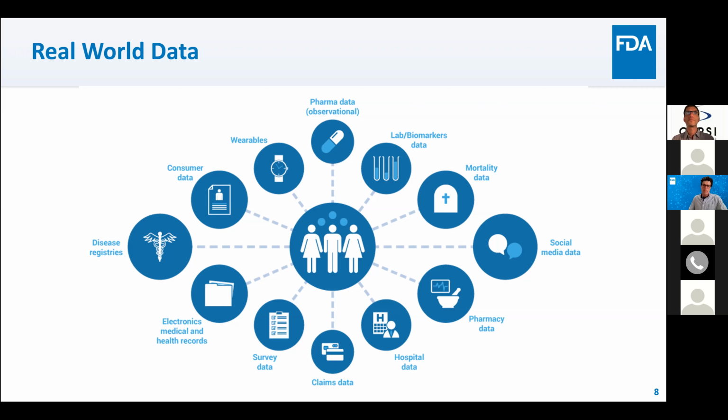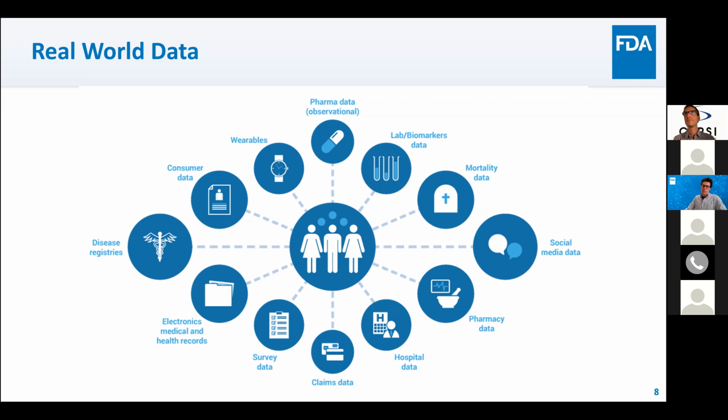When we talk about real-world data, it's essentially the universe of health data that is collected everywhere except from traditional clinical trials, or at least that's a widely adopted definition. And as this figure shows, real-world data comes from many, many different sources, including electronic medical records, payer claims data, wearable devices, laboratory reports, data from hospitals, et cetera.